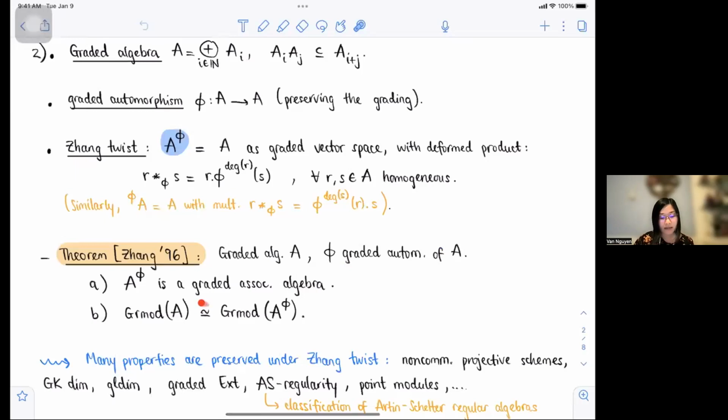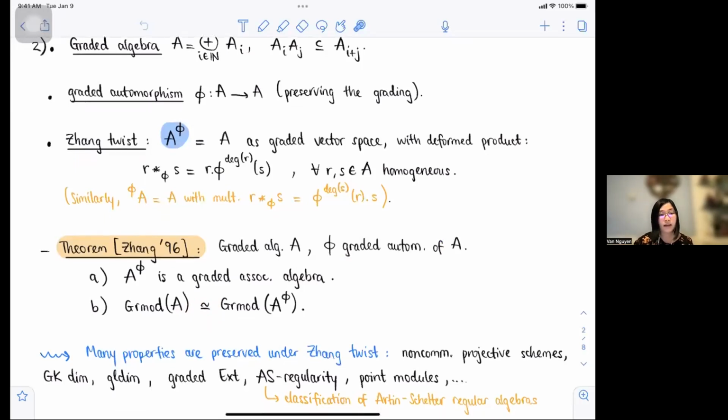Because of this equivalence, many algebraic properties are preserved under the Zhang twist, for example Gelfand-Kirillov dimension, global dimension, the Ext algebra, Artin-Schelter regularity, and so on. In fact, some of these features are being used to classify AS regular algebras, and this is still an ongoing project.